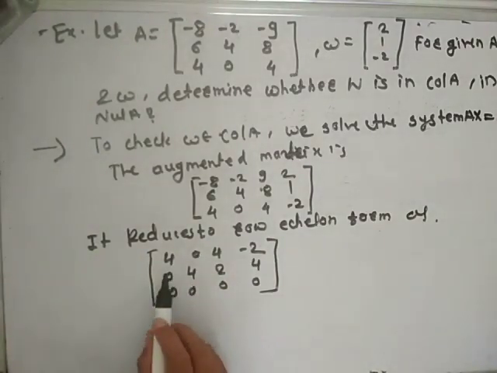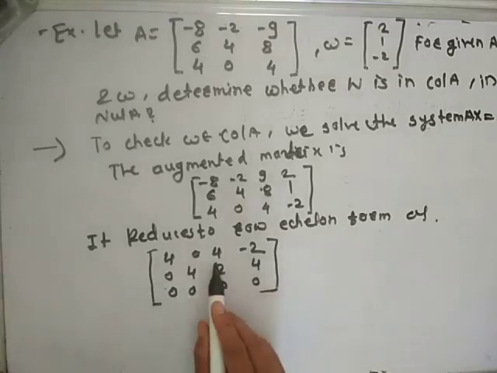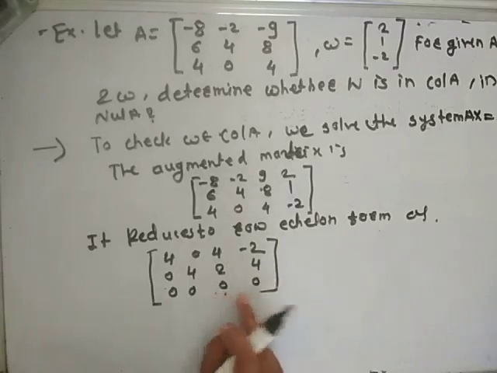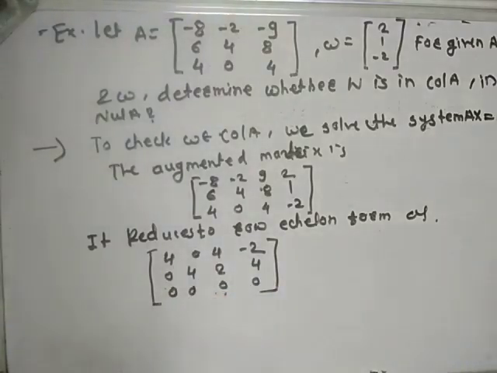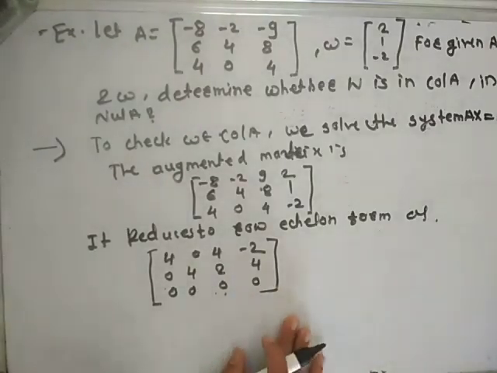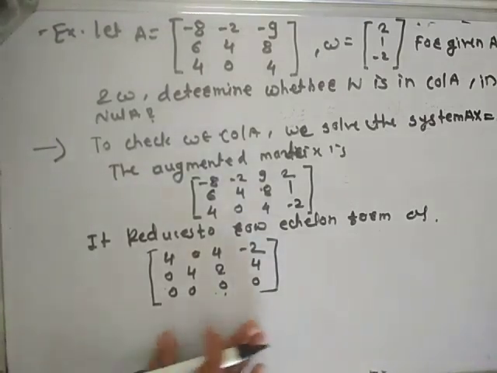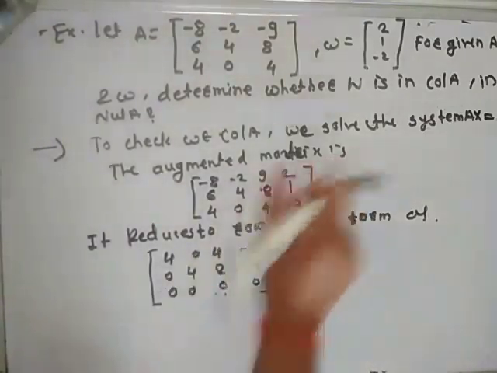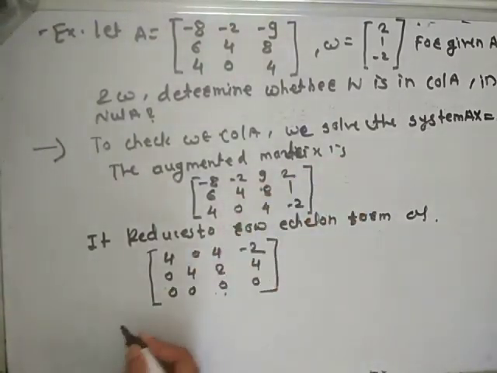Observe here: the third and fourth columns have no leading one. That's why this system has infinitely many solutions. Therefore, this system is consistent.